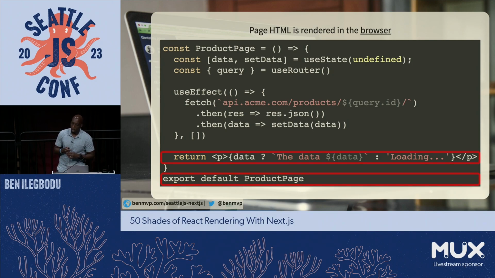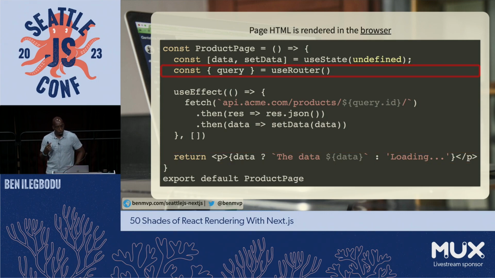And then for our product details page, Next will render a minimal HTML page. In this case, when there is no data yet, we'll render some kind of loading state there. And then from the URL, it'll grab the ID. So here it's going to be acme-hoodie from our URL.